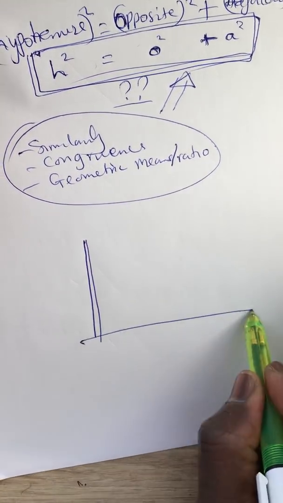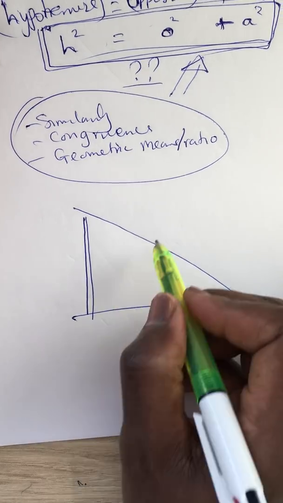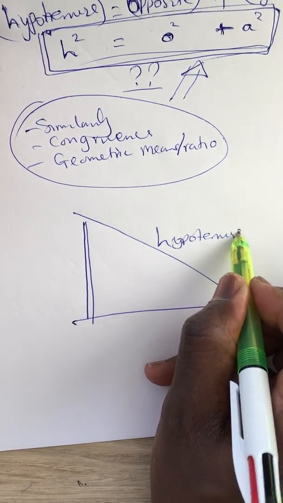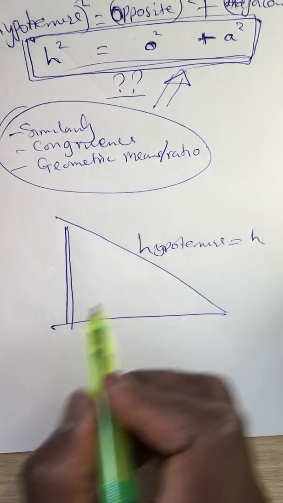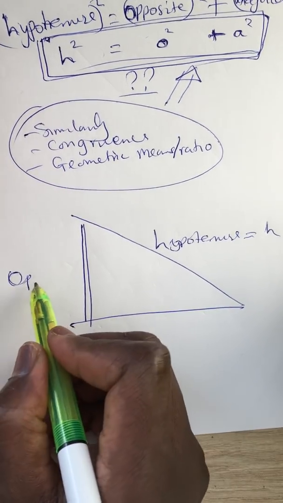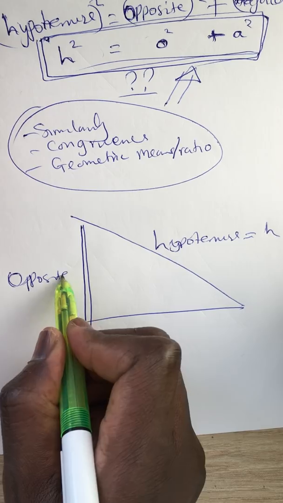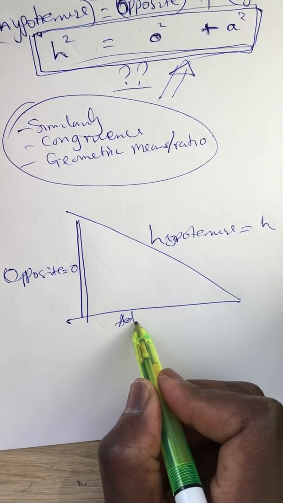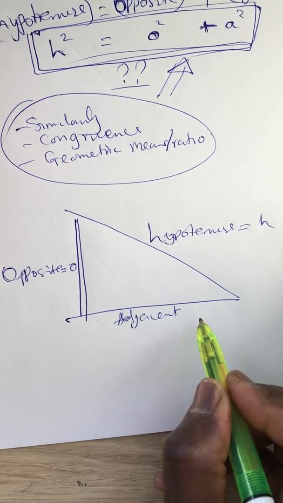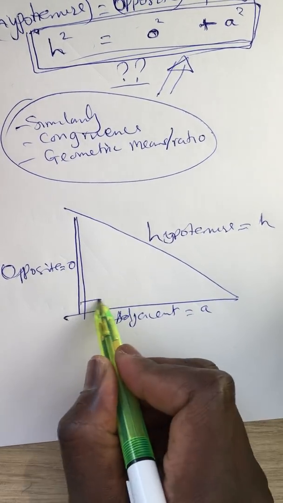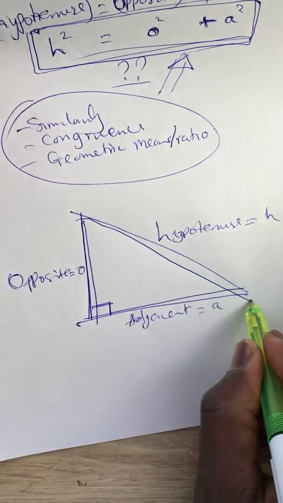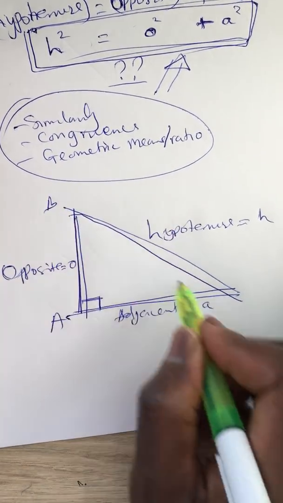For example, you can have a right angle triangle like this, so that the hypotenuse is there, which is our h, and then the opposite side, which is our o, and the adjacent is here, which is our a, so that we can have that right angle there. So this is a right angle triangle ABC.